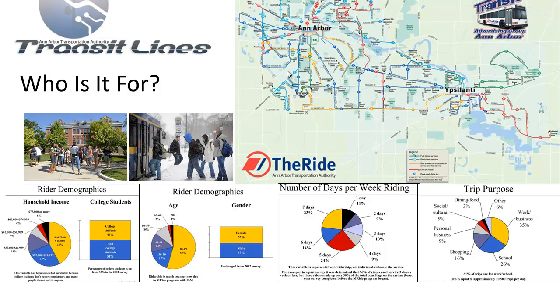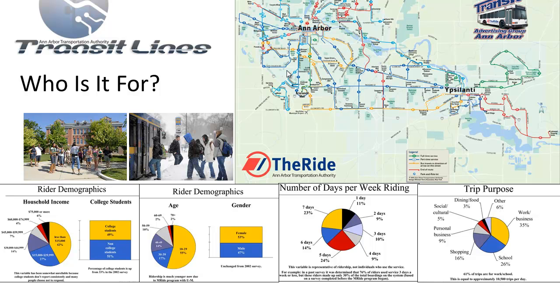One is Eastern Michigan University, the other is University of Michigan. Eastern being in Ypsilanti, U of M, Ann Arbor. A good portion of the student body, its only means of transportation could be on the bus lines.